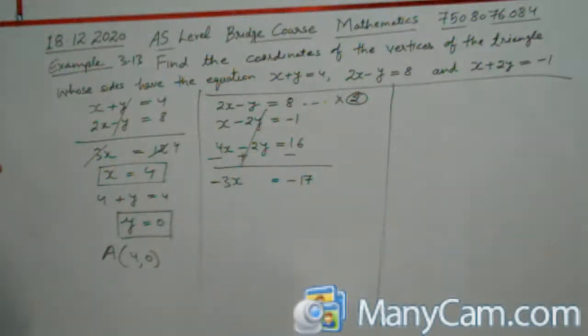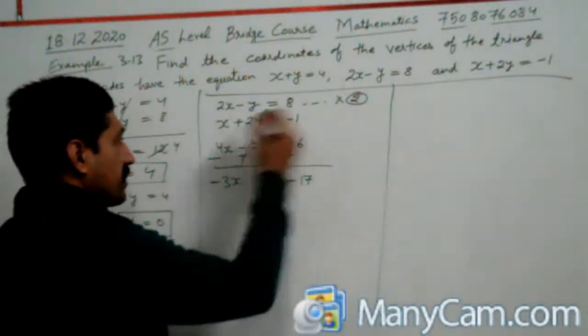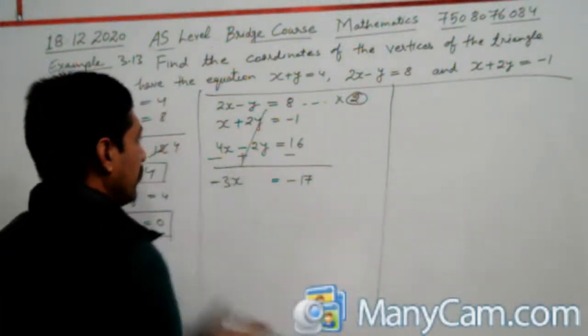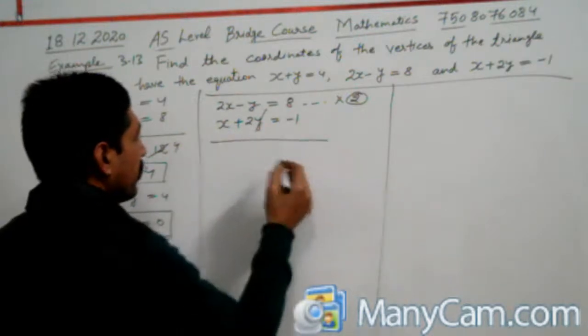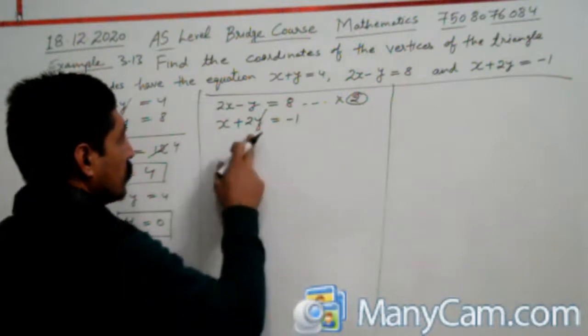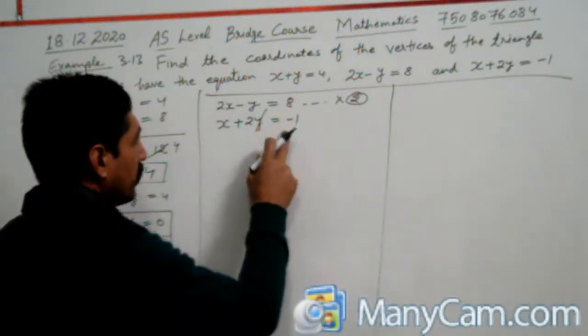Sorry, it is plus here. So one is 2x minus y is equal to 8, and the other is x plus 2y is equal to minus 1.